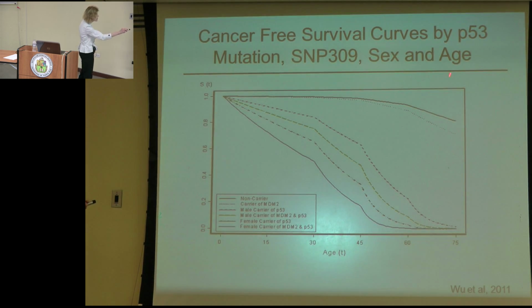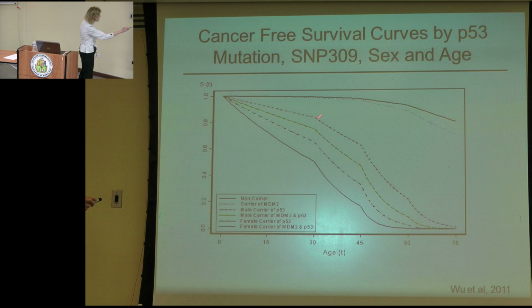In the general population, we see a slightly earlier onset, and this is all cancers, in the general population with the SNP309 as compared to, excuse me, these are all wild type, I'm sorry. These are all general population, wild type for that SNP.